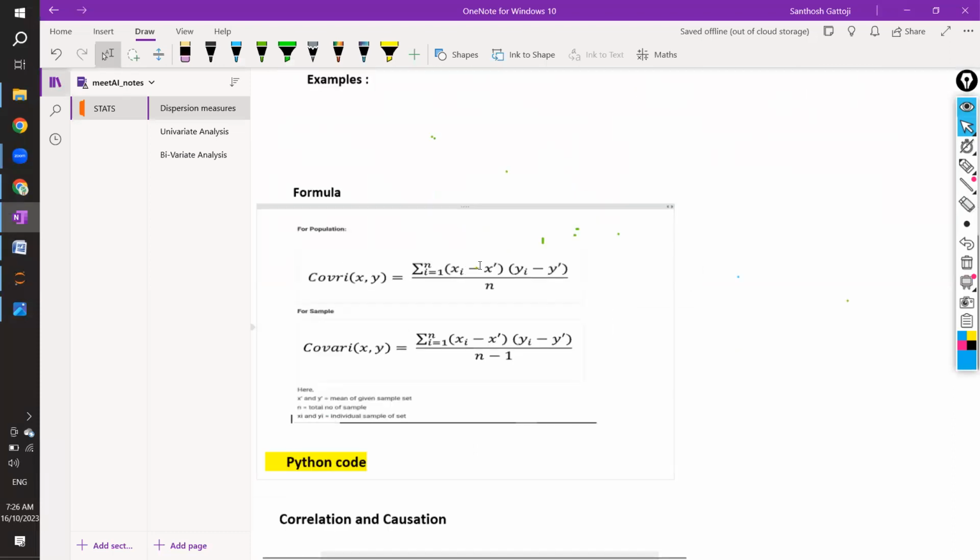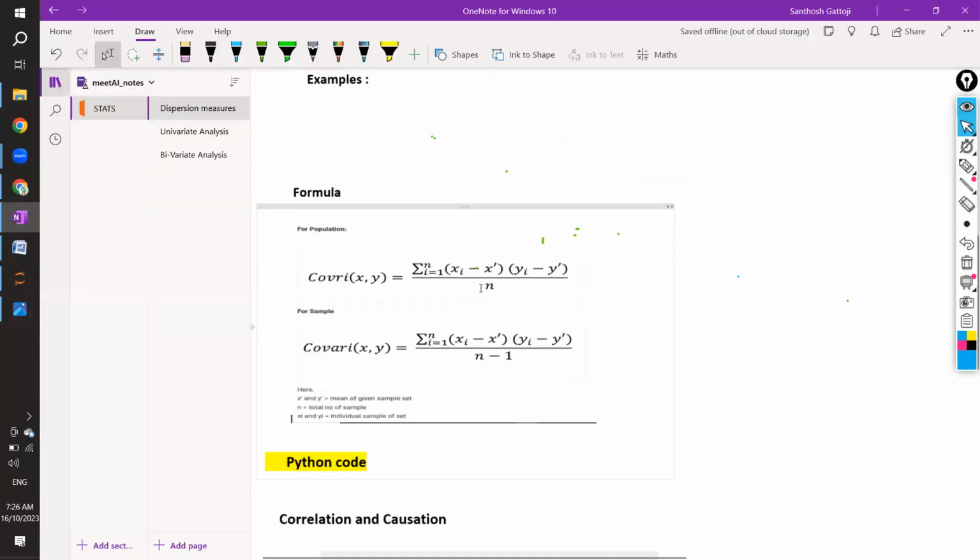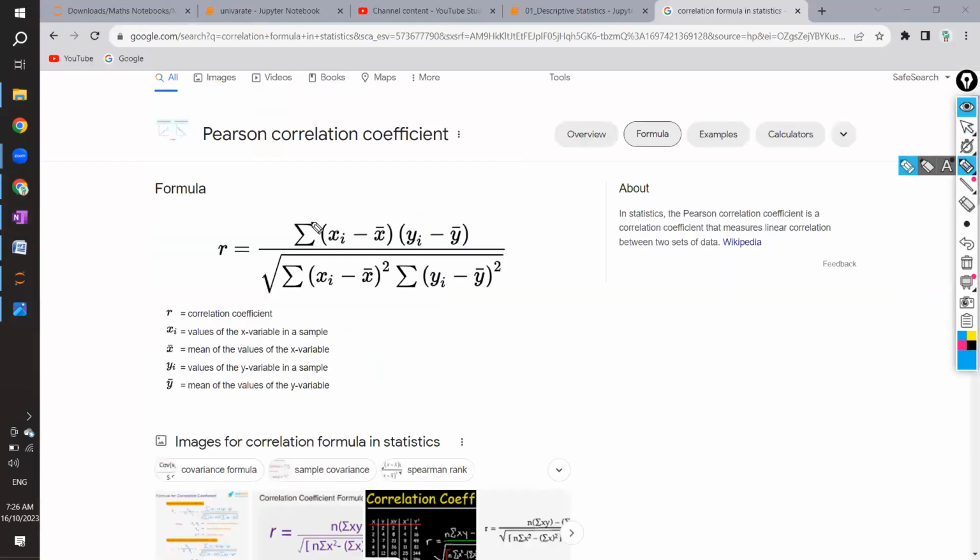Whatever you're doing here, xa minus x bar, ya minus y bar, you're doing the same thing here. But in the denominator, you are doing the same thing with squares: xa minus x bar whole square, ya minus y bar whole square. Here x bar and y bar are the means.